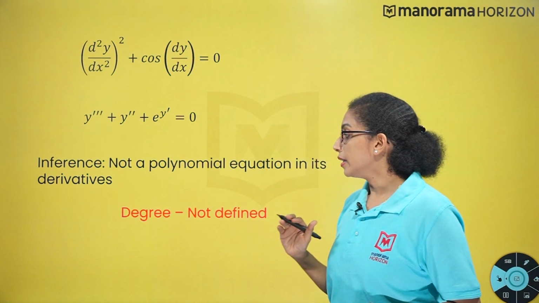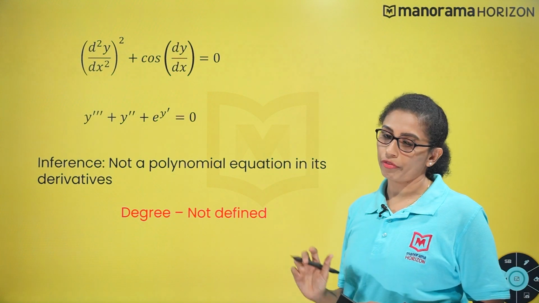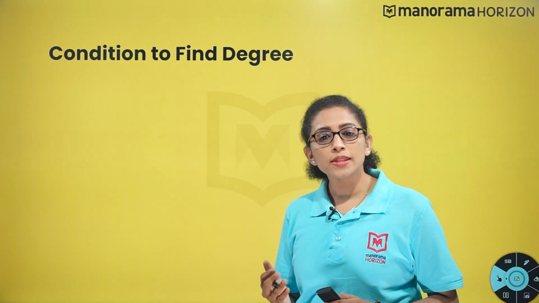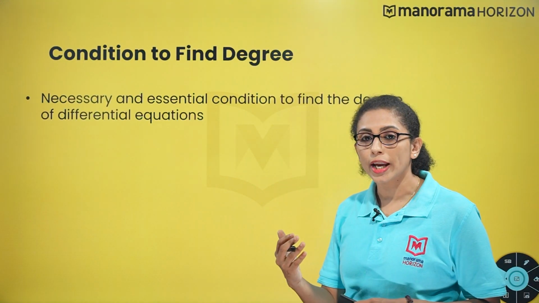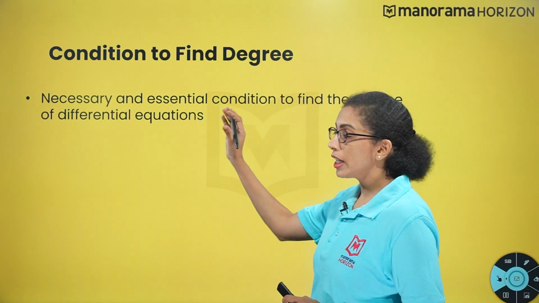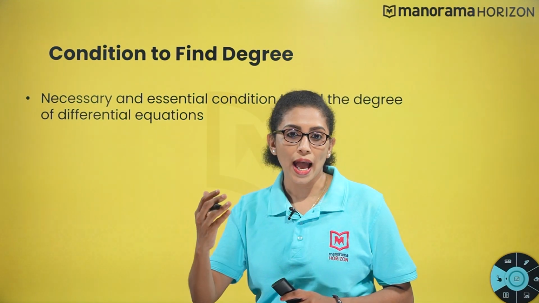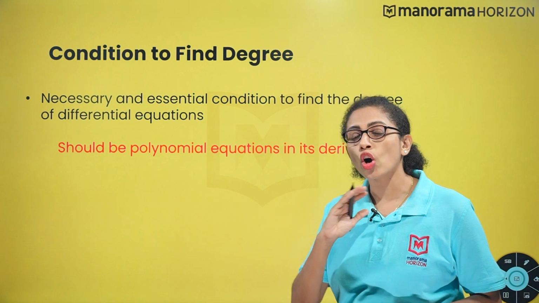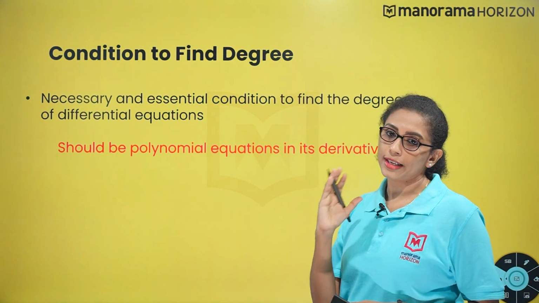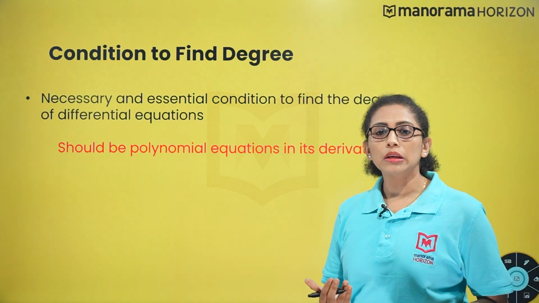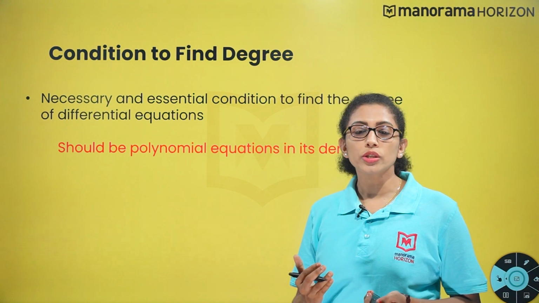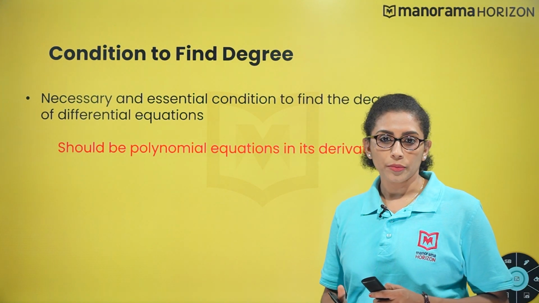Hence, their degree cannot be defined. So, the necessary and essential condition to find the degree of a differential equation is that it must be a polynomial equation in derivatives. So, we learned to identify a differential equation, its order and degree.